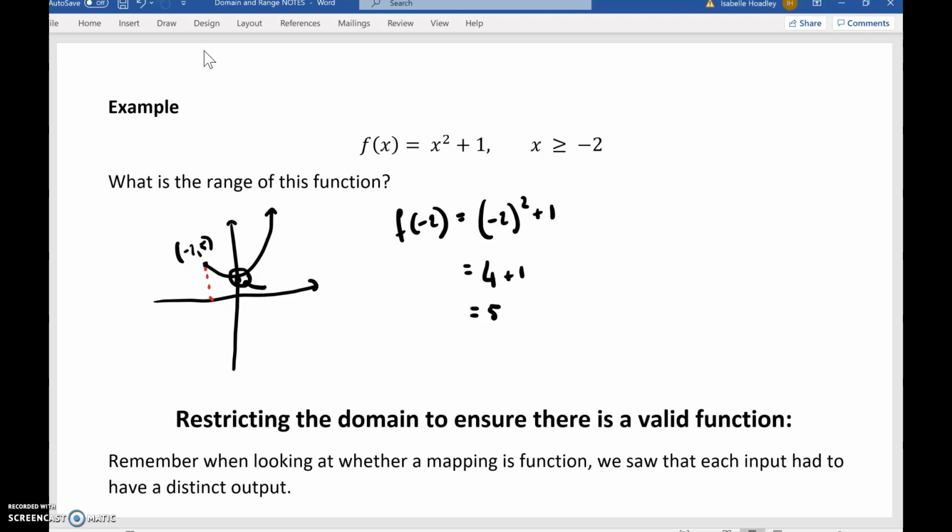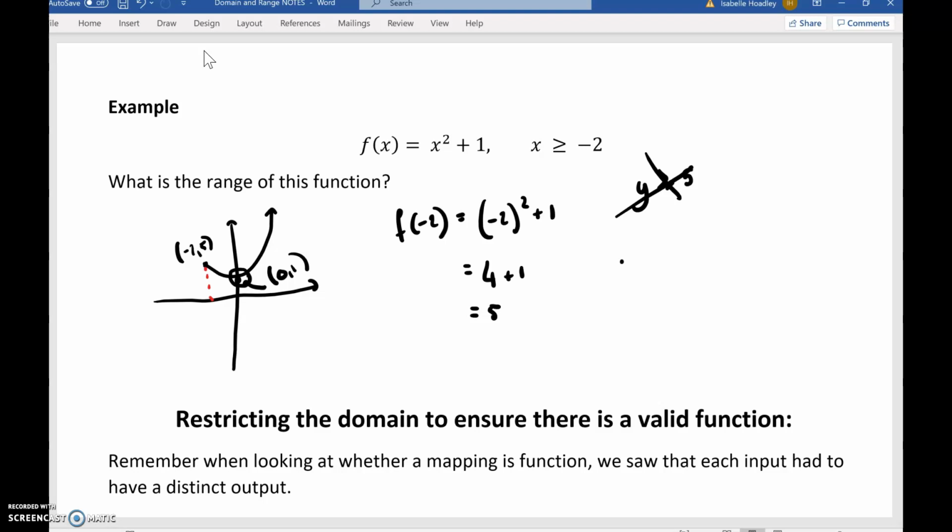So you can't say that y would be greater than or equal to 5, because that's not true. It goes below 5. So your range is actually, that point there is 0, 1, and that's the lowest point on that graph.